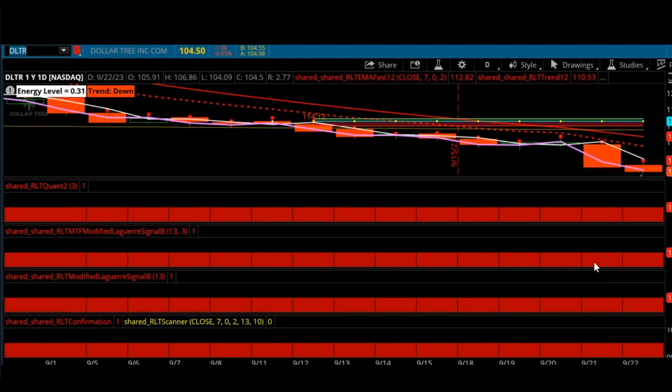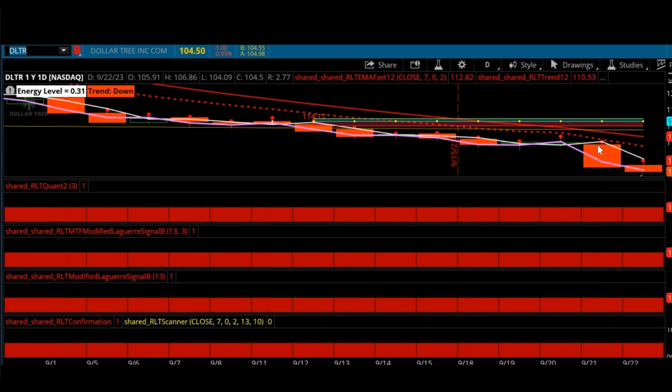It's looking across all 3 of those time frames to tell me that there's tremendous selling going on in Dollar Tree. And this is the quant line right here. This is telling me that the stocks that trade with Dollar Tree, most likely other retail stores, are also going down. So it's very easy for a person who has this to see that the stock is bearish, that the institutions are selling this off on a daily time frame.